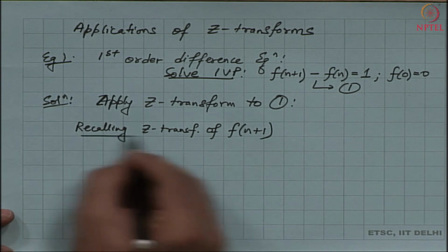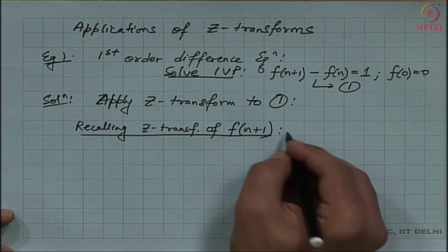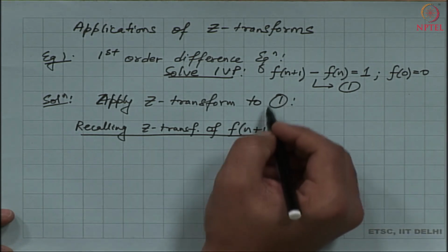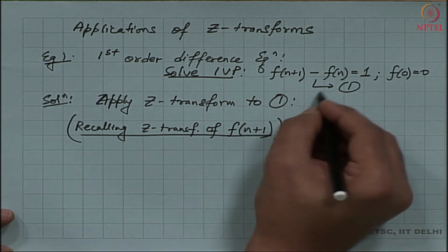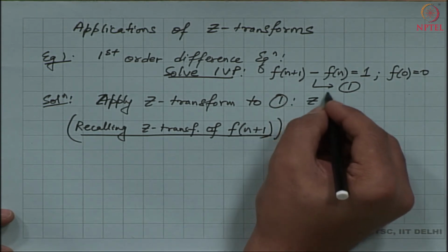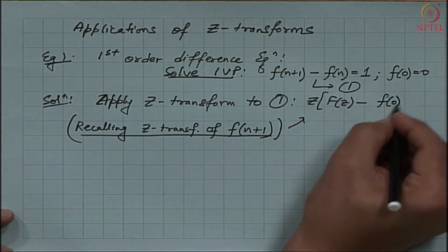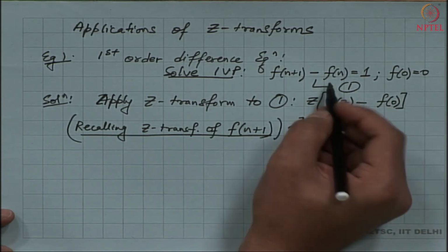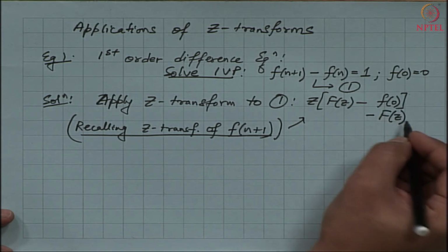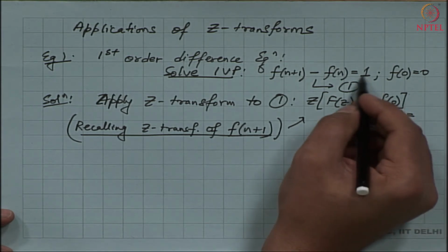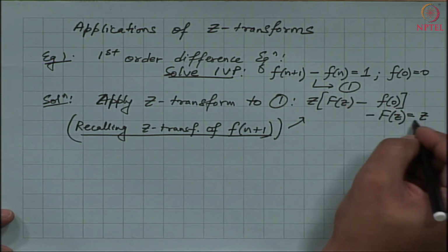When I apply the Z transform, I get the result as follows: z times F of z minus f of 0, minus the Z transform of f of n, which is also capital F of z, and that is equal to the Z transform of 1, which is the expression z by z minus 1.